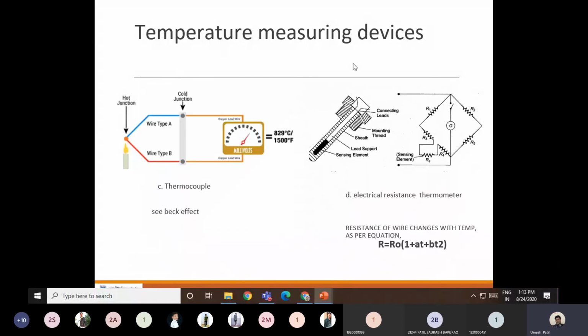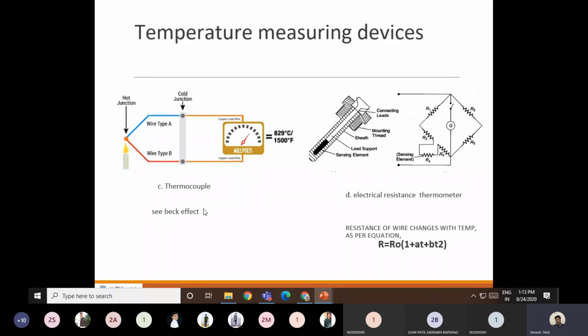Now the next one is the thermocouple, which is a very popular and very commonly used temperature measuring device. Basically it is a sensor. Now how does the sensor work? The thermocouple works on the principle of the Seebeck effect. What is the Seebeck effect? I think you learned the Seebeck effect in 11th or 12th physics.